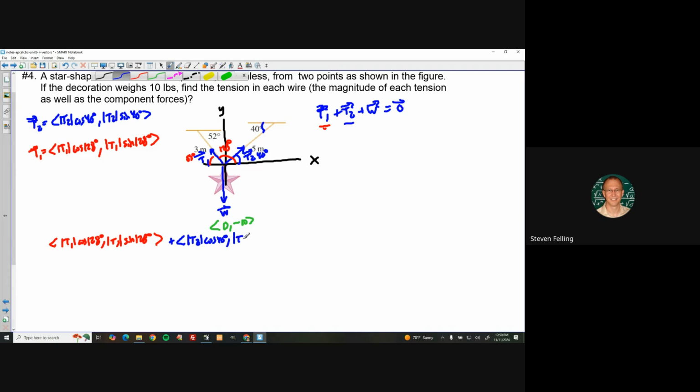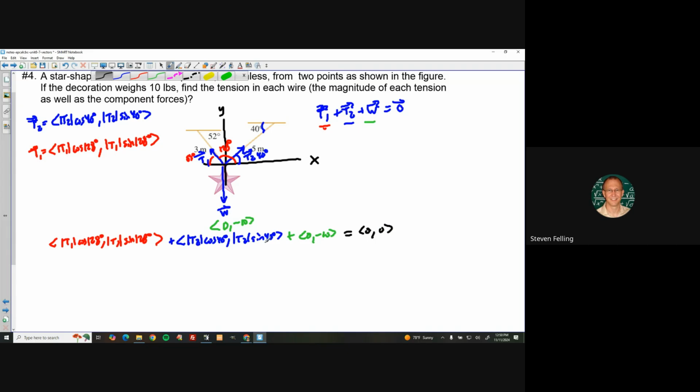The y component is the unknown magnitude times sine of 40, plus the weight vector, which is 0, negative 10, that has to equal the 0 vector, which is 0, 0.